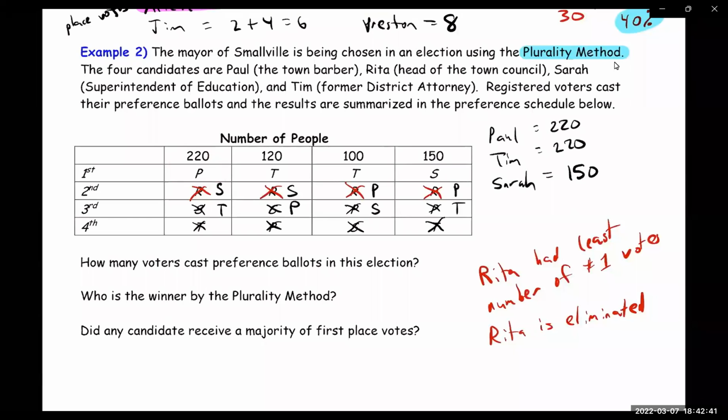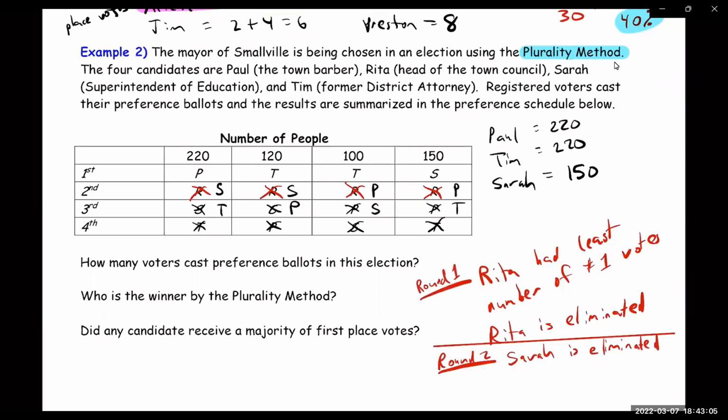So now Sarah is eliminated. Let's write that down here. The one with the least votes gets eliminated and then you keep doing it all over again, right? Yeah, round one. Round two, Sarah is eliminated. All right, so now we have to eliminate Sarah.